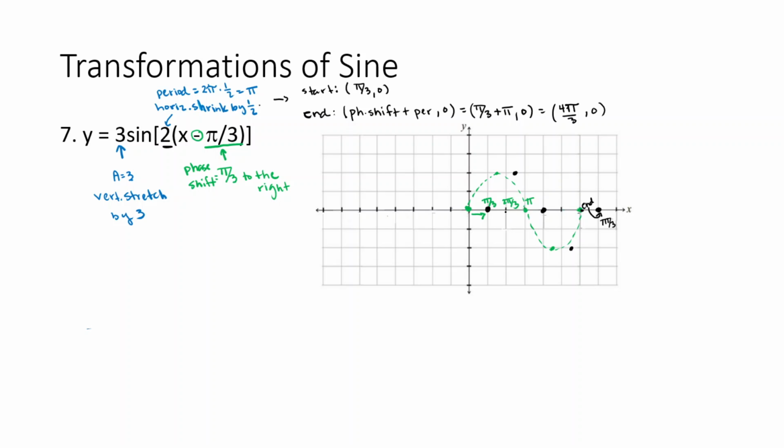Okay, and so we end up moving this ending point in. This is now my end at 4 pi thirds.